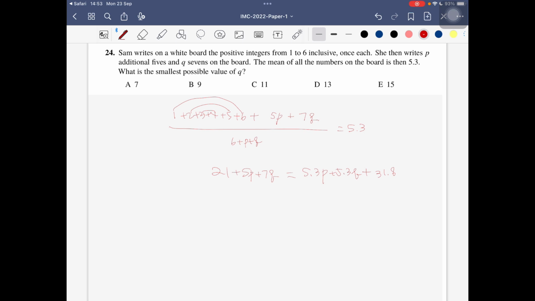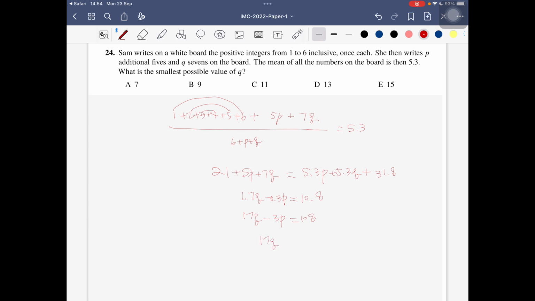Now we can say 1.7Q minus 0.3P equals 10.8. So 17Q minus 3P equals 108. So this can be the one. So from here we can find the possible value of Q.